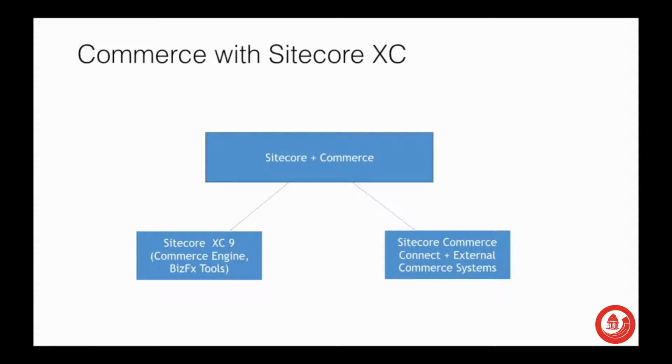And then the other option is using the Sitecore Commerce Connect package along with an external commerce system. There are multiple examples we can give, for example Insite Commerce, SAP Hybris, or other e-commerce systems. So you can use Commerce Connect with a different external commerce system.